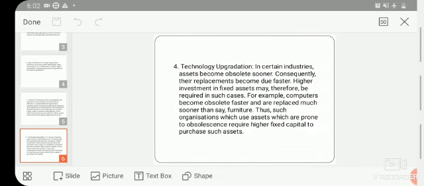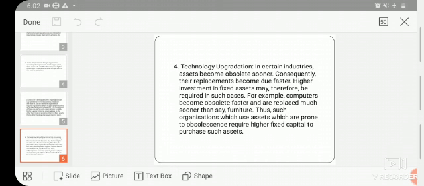Fourth one, technology upgradation. Higher investment in fixed assets, it is because of what? Due to change of technology, because as we know the changes are constantly taking place in the world.